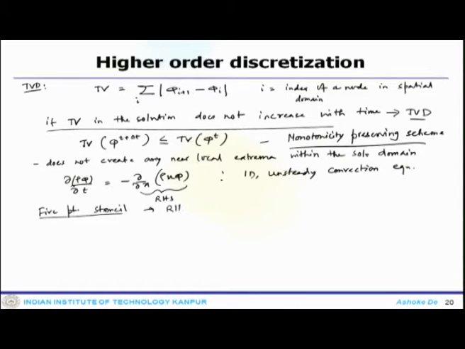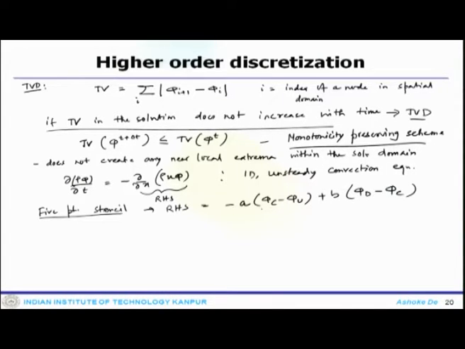The discretized equation for the right hand side, one can write as minus A phi c minus phi u plus B phi d minus phi c, where u, c, d: c is the cell which is concerned, u is the upstream cell, d is the downstream node.